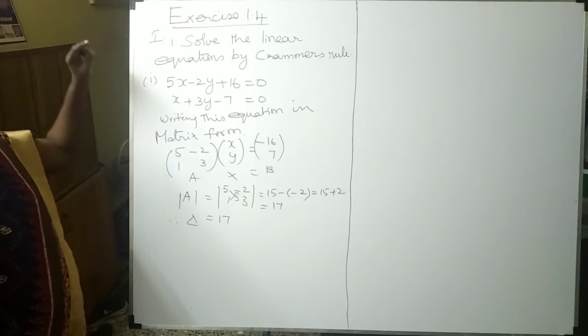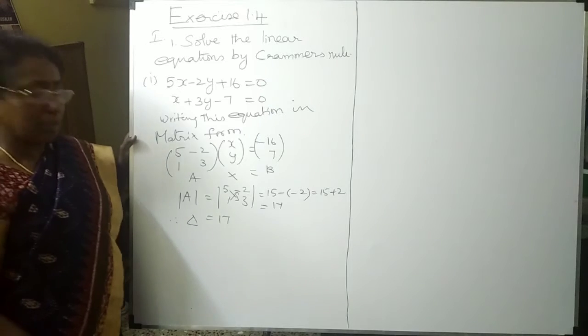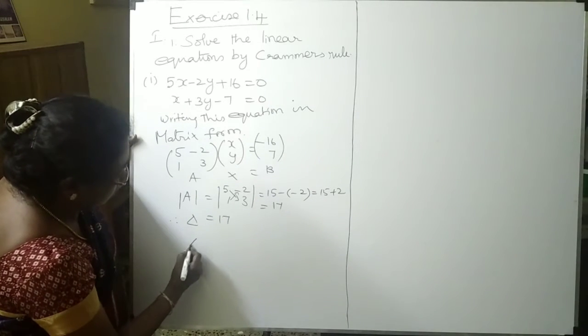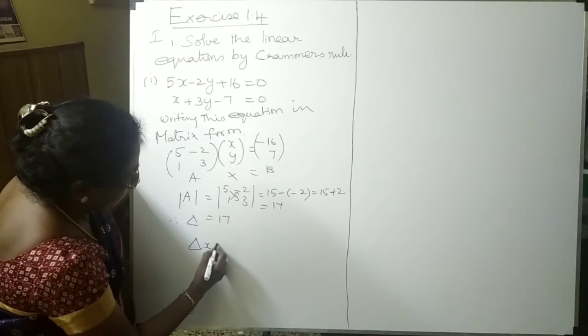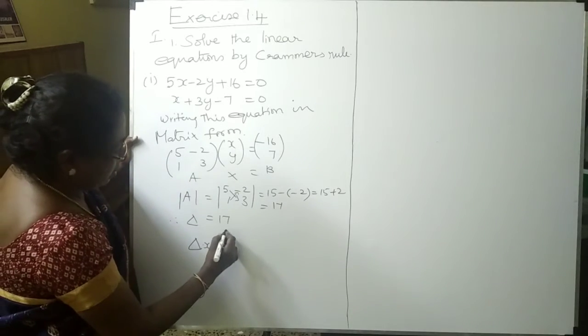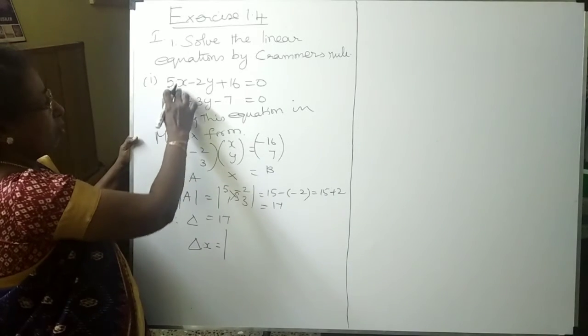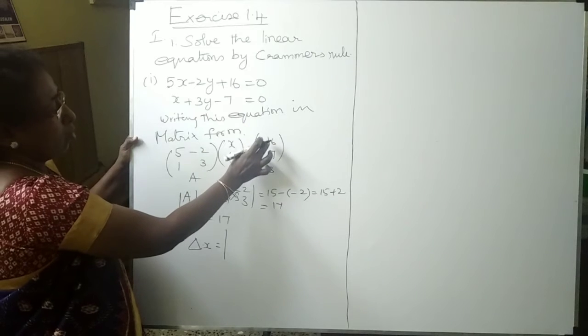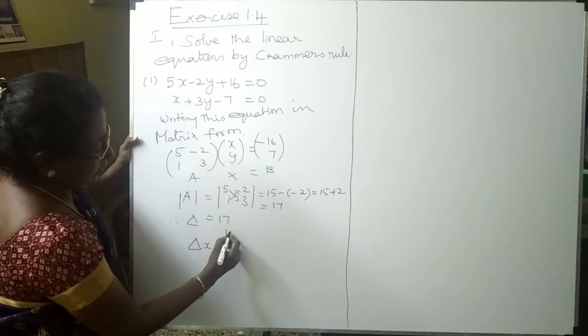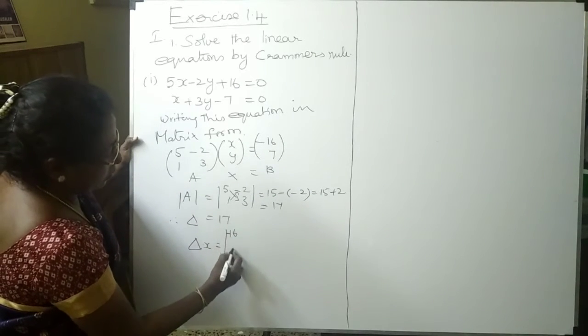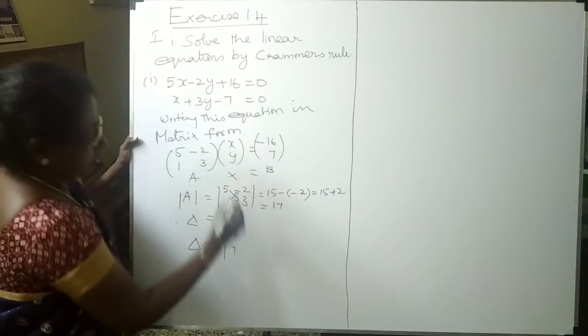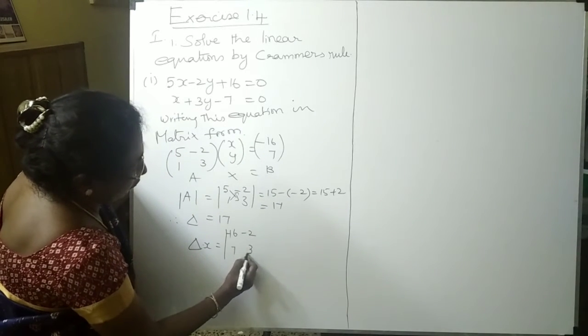Next, we are going to find delta x. Delta x is equal to the determinant where, instead of the x column, you replace the constants. The constants are minus 16 and 7, and the y column is minus 2, 3.